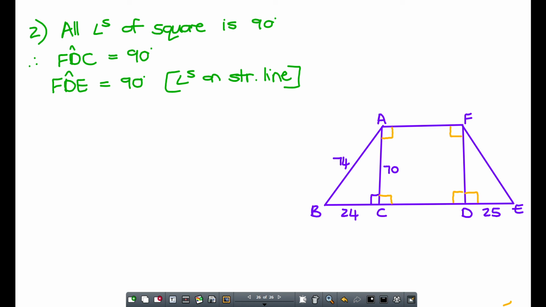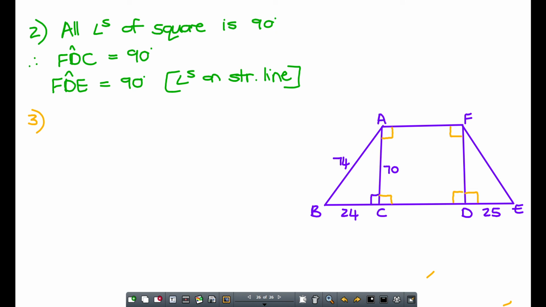Okay, then number 3. Number 3 says, calculate the length of EF rounded off to 2 decimal places. Because this is 70, they told me that middle block is a square, so that side will be the same as this side. Do you guys agree? And because AC is 70, it means that FD will also be 70.